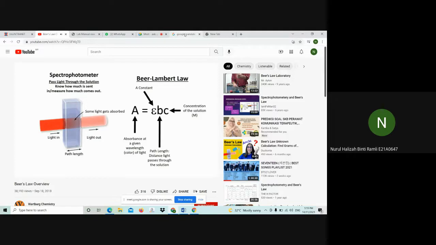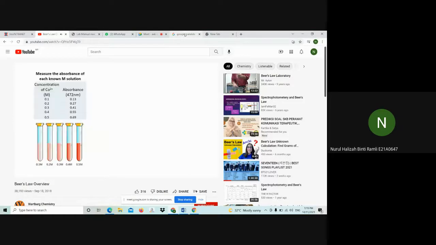Thankfully, we don't need to work with the Beer-Lambert law in this form. We usually look at it in a slightly different way. The way that chemists work with the Beer-Lambert law is we go back to those 5 solutions that I know the concentration of. So here you can see I've got my 0.1 to 0.5 molarity solutions. I'm going to put those into my spectrometer and measure the absorbance. Now I've got this extra term in here that says absorbance at 472 nanometers.